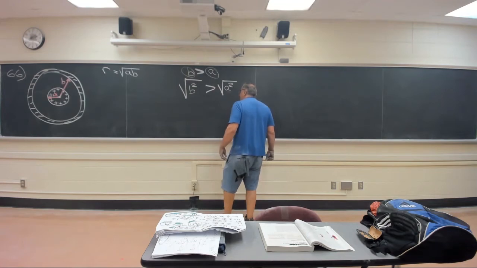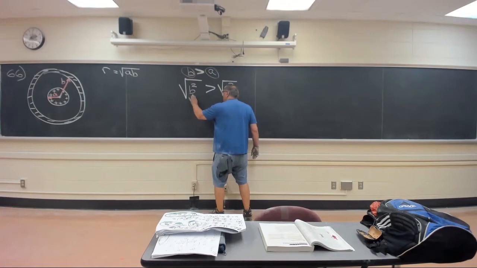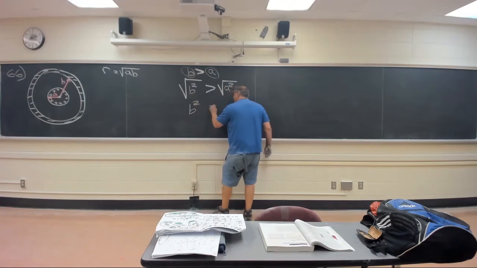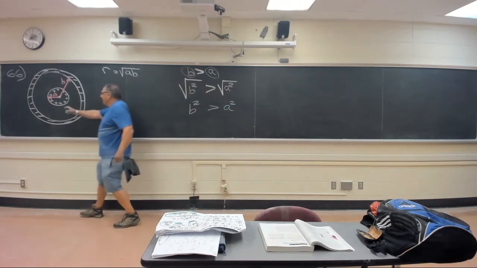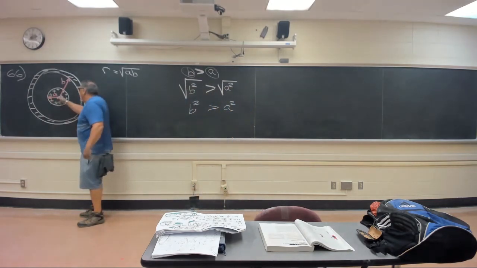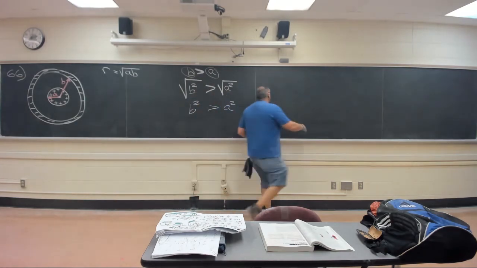If you square the two, you've got B squared is bigger than A squared. Yeah, that's obvious. A is not that big, and B is really big.